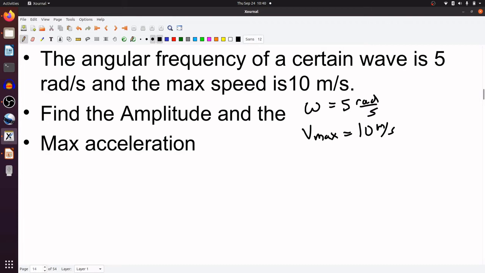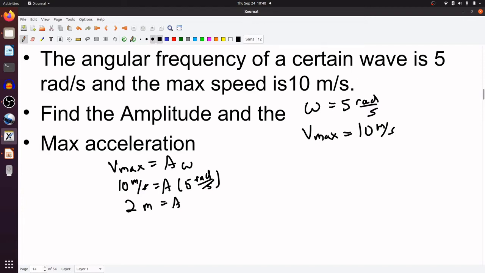From earlier, V max is equal to A omega. We don't know A, but we're looking for it. So the seconds cancel, radians isn't a true unit, and we get an amplitude of 2 meters.